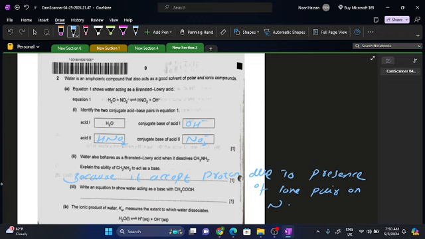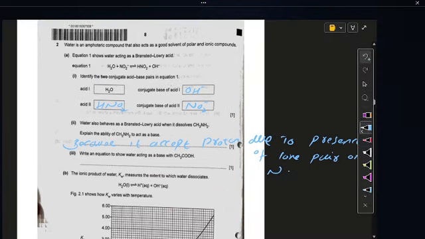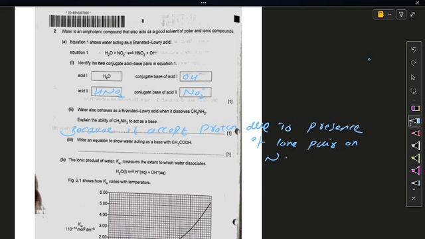Write an ionic equation to show water acting as a base with CH3COOH. It means that you have to write down the ionic equation for water and CH3COOH. So you will write CH3COOH plus, it is acting as a base with CH3COOH.